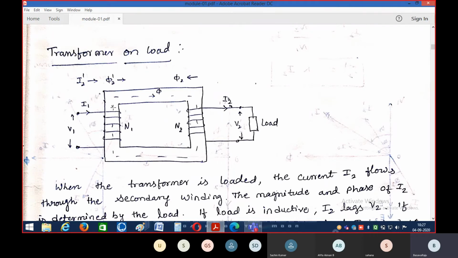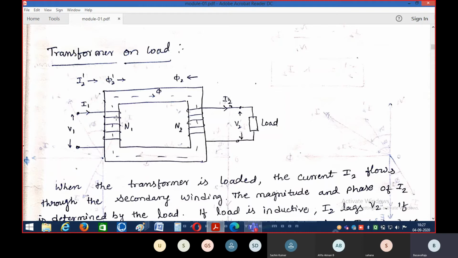So this is the transformer core, this is the primary winding, this is the secondary winding. Across the secondary winding, we have connected an electrical load, and across the primary winding, we have connected the supply voltage.